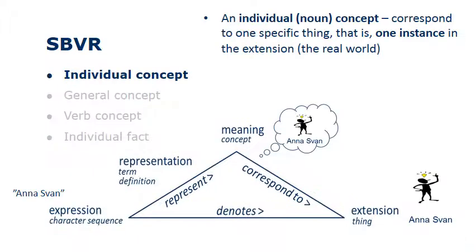We start with individual concept. An individual concept corresponds to one specific thing, that is, one instance in the extension in the real world. So in this example you can see Anna Swan exists in the real world, and she is the individual concept, so to say.